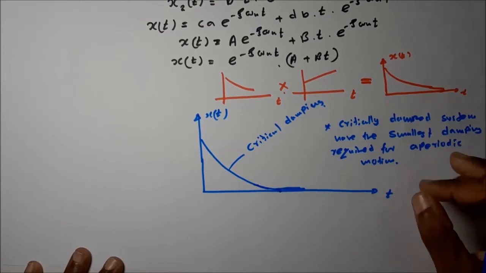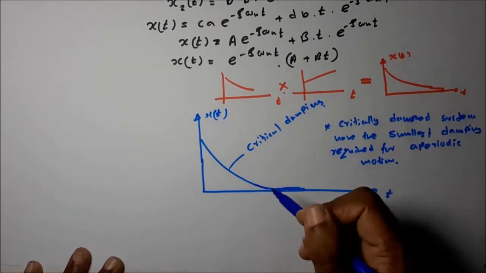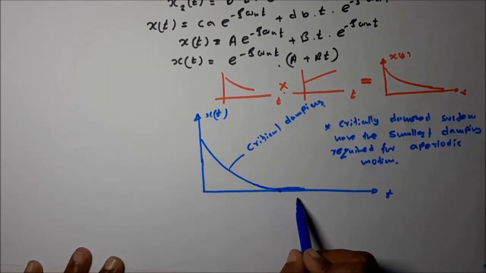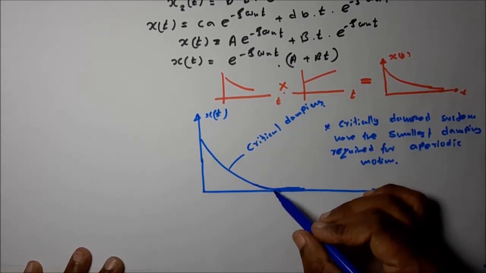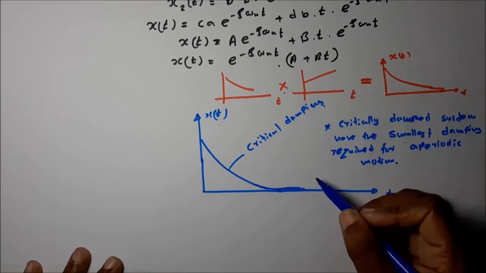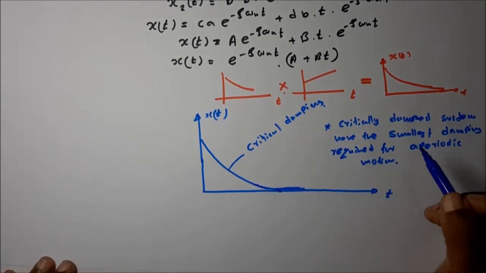Aperiodic motion means no periodic motion. That means it does not go to the negative side and come back to the positive side. So it is called aperiodic motion.